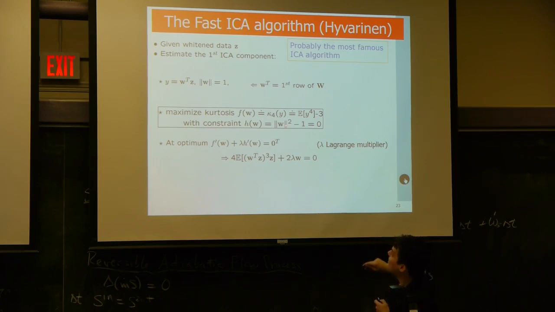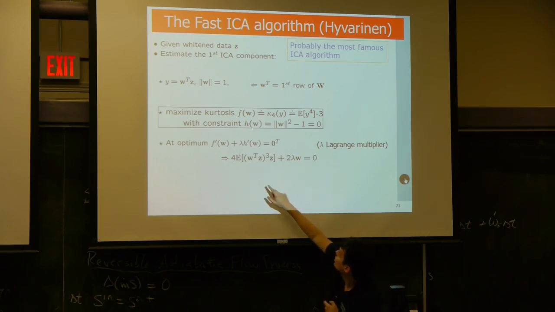So at the optimum, when this is maximum, we know that the derivative of f plus some Lagrange multiplier multiplied with the derivative of h will be 0. Our kurtosis is function f, right?